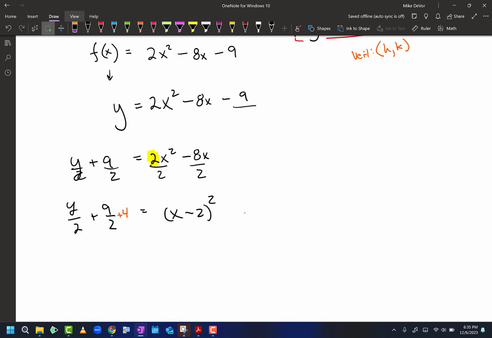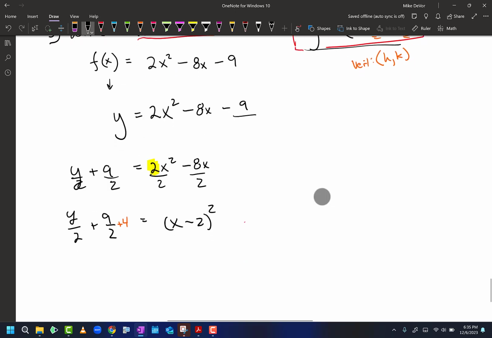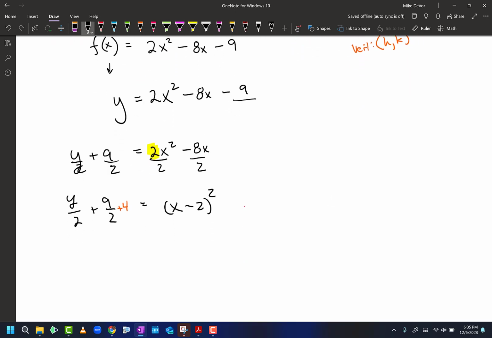Okay, so remember, the point of the whole thing is we want to get it to look like this vertex form up here, so we need to get y alone. Again, don't worry about working with the fraction so much. Like in problem 1, we have a 2 in the denominator, so clear the fraction. As we go here, the 2 cancels, I get y, and that's what I want alone. I come over here, the 2 cancels, I have 4. 2 times 4 is 8, plus, and here's the beautiful thing, that just is the scale factor, 2 times whatever this is.